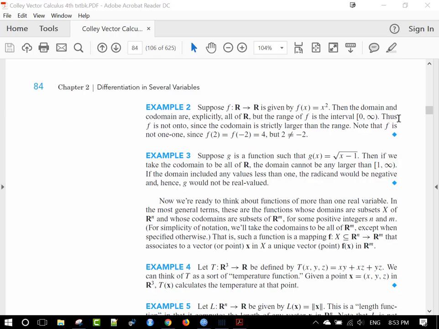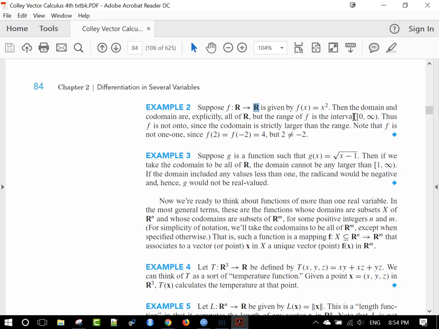X squared, the domain and the codomain are all of R, so we say that it's all of R to all of R. But the range, the codomain is all of R because that's what they said it was, but actually there's no y values that are negative. You never get a negative value from this, so the outputs are never negative.